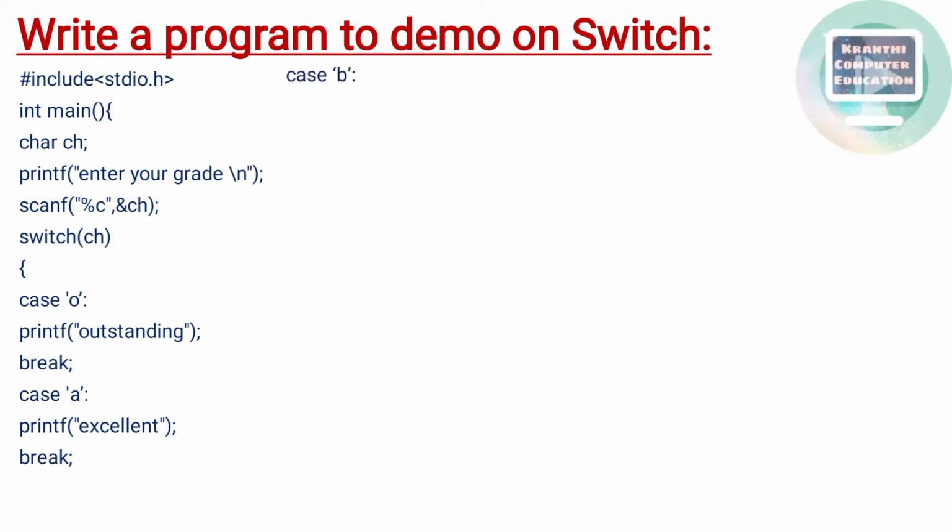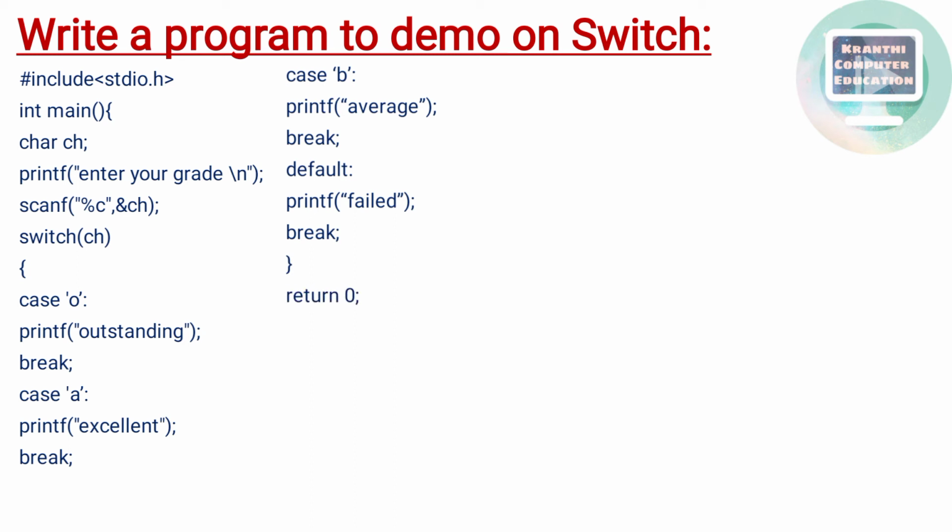Next case 'B', printf average, break statement. Next default, printf failed, break statement. Closing brace for the switch statement. Next return 0, and then closing of the main function.